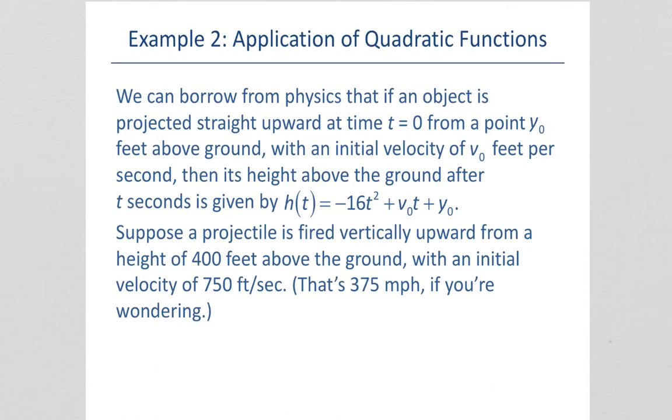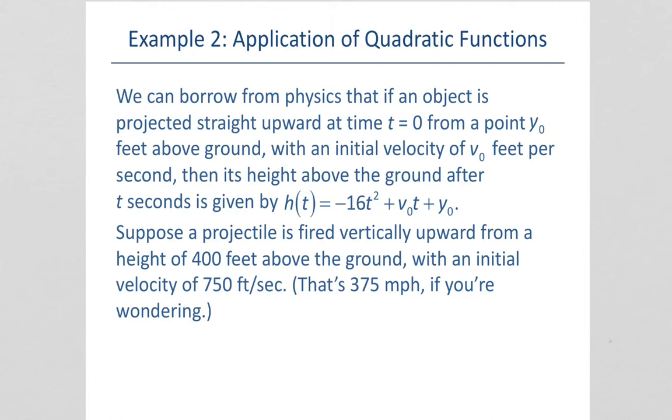So from a point y sub 0 feet above the ground, with an initial velocity of v sub 0 feet per second, then its height above the ground after t seconds is given by this formula. H of t would be -16t squared plus v naught times t plus y naught.